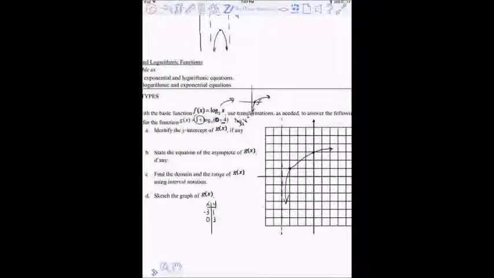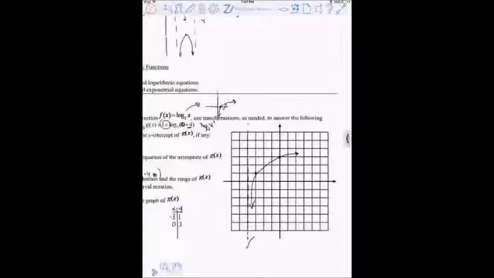Now the domain, since the vertical asymptote is here at -4, you aren't going to have any values of x less than -4. So the domain is going to be -4 to infinity. And notice I put a parenthesis around -4 because it's never going to actually equal -4.